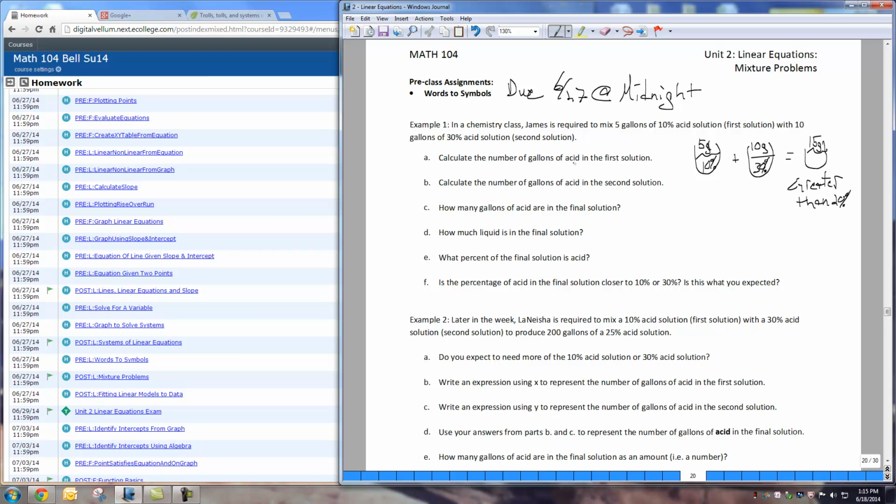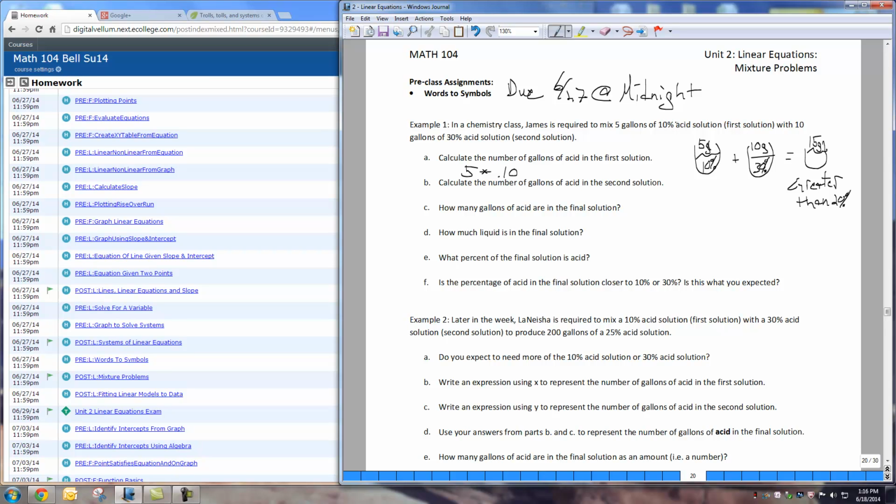So it says calculate the number of gallons of acid in the first solution. So how much of this 5 gallons is actually acid? The way I do that is by multiplying 5 times 10%. But remember, anytime you multiply a percentage, you always have to change it to its decimal equivalent, which is 0.1. If you don't remember how to change from a percent to a decimal, just take 10 and divide by 100.